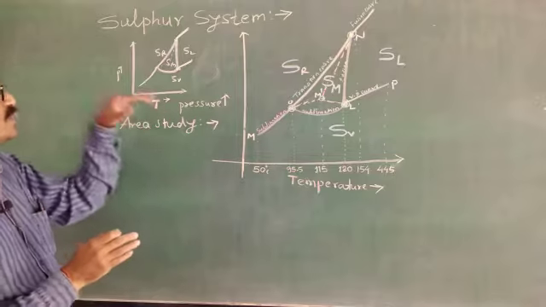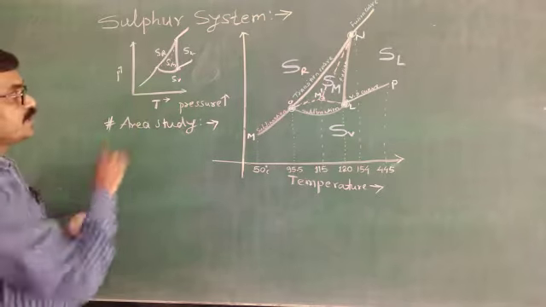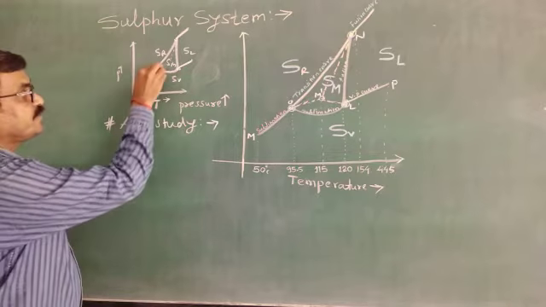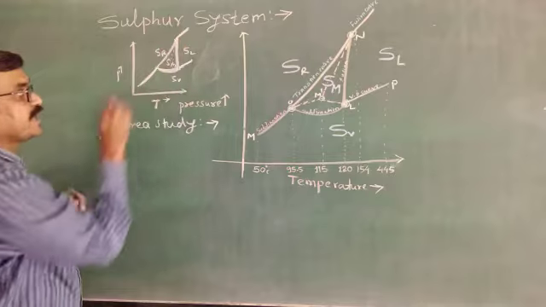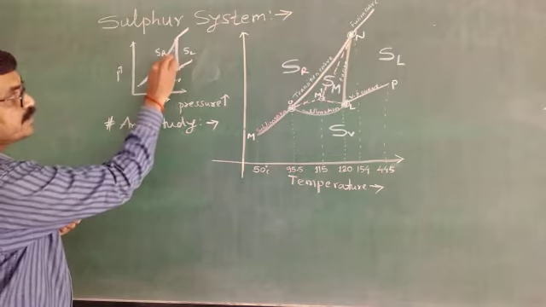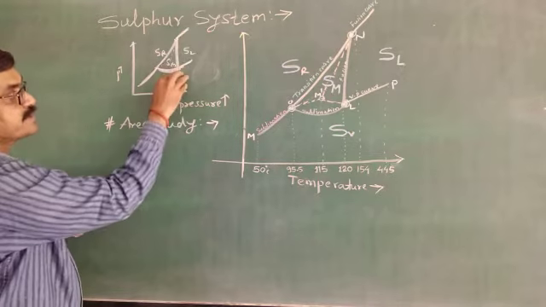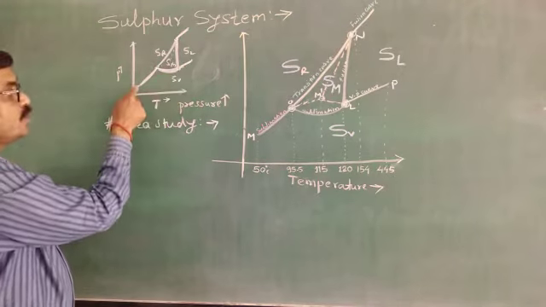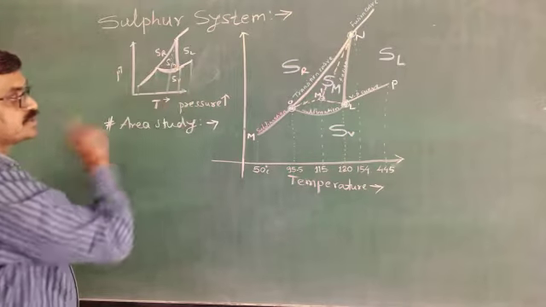From this diagram it is clear that here there is sulfur rhombic, here sulfur monoclinic, here sulfur liquid, and here sulfur vapor, and you only have to write the corresponding temperatures.